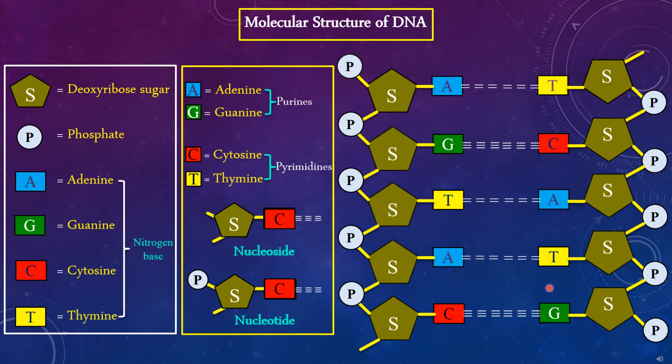C is pyrimidine and guanine G is purine. So a bond is always formed between purine and pyrimidine, or pyrimidine and purine. This is the molecular structure of DNA. Double bond between adenine and thymine, or thymine and adenine, and triple bond always between guanine and cytosine, or cytosine and guanine. I think you have got a clear idea about the molecular structure of DNA.